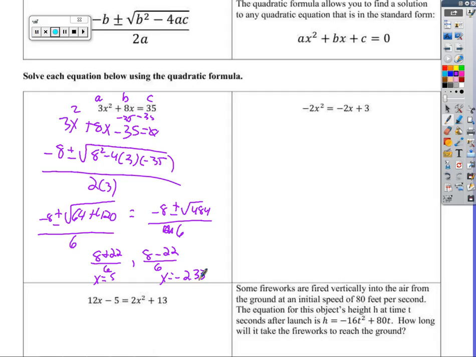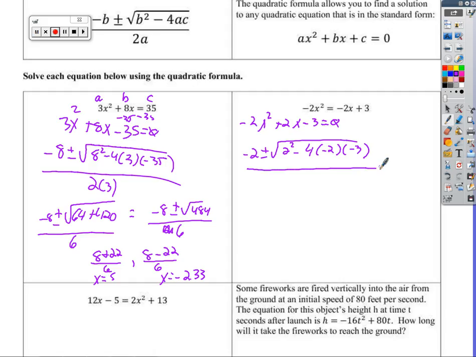Alright, our second example here, again not in standard form, so the first thing I have to do is put this in standard form. So I've got negative 2x squared plus 2x minus 3 equals 0. And now I'm going to plug this into my formula here. I've got negative 2 plus or minus the square root of 2 squared minus 4 times negative 2 times negative 3 all over 2 times a, which will give me a negative 4.